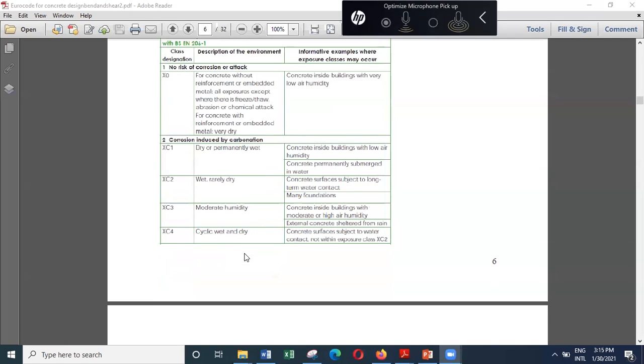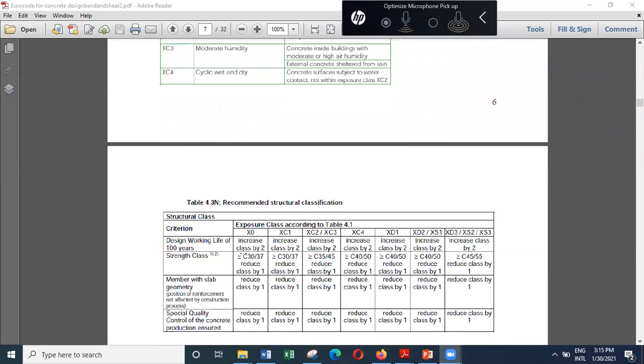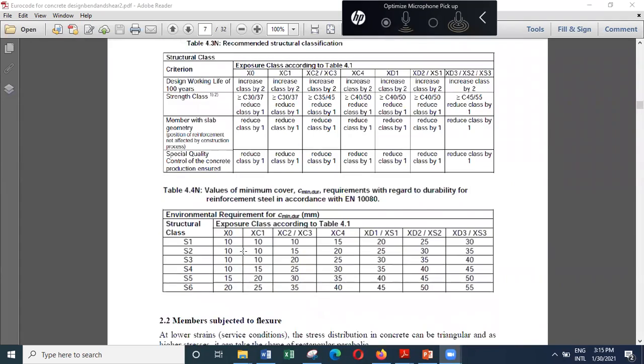So depending on all that, we can have the cover to the reinforcement.